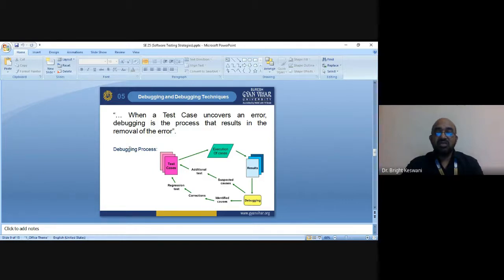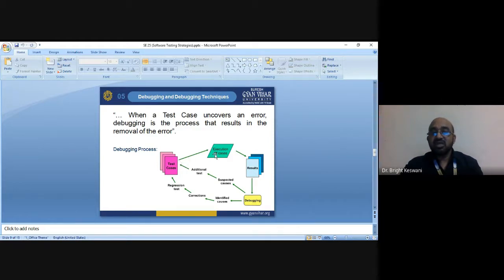So you can see here the debugging process. Debugging is not testing, but it always occurs as a consequence of testing. The debugging process begins with the execution of the test case, and debugging is also treated as an art, you can say. The debugging process is illustrated here. You can see test cases generated for the testing and execution of cases.